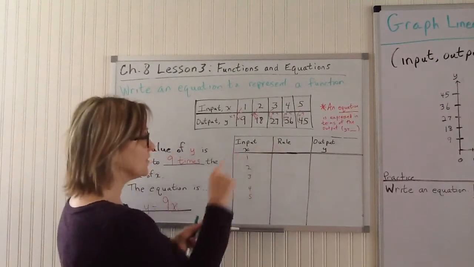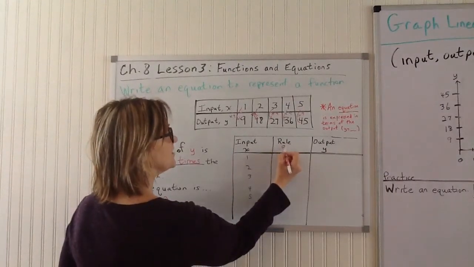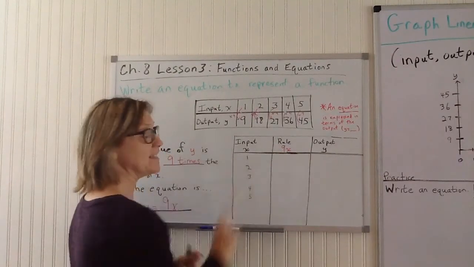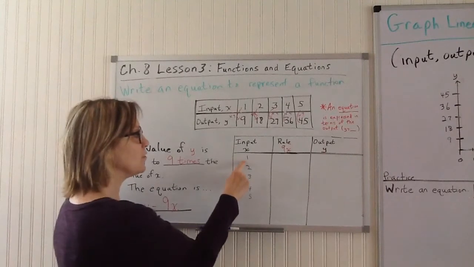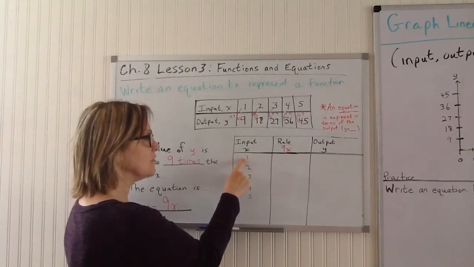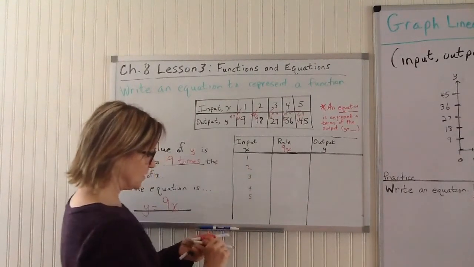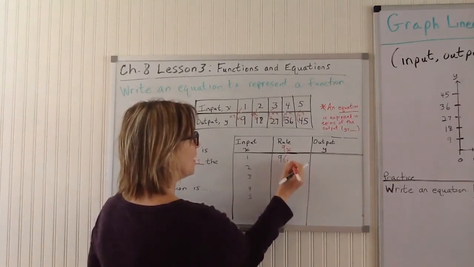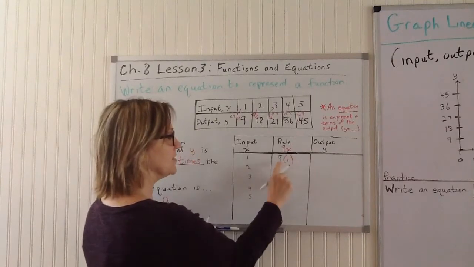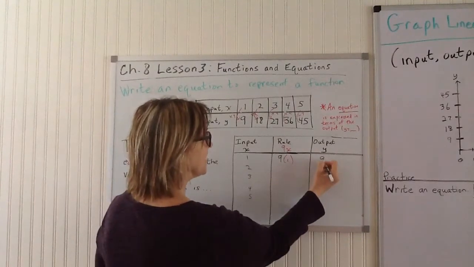I know my rule now, I figured it out. The rule is 9 times x, or 9 times whatever the value of x is assigned. So in this case, x is equal to 1, so I'm going to take my 9 and multiply it by 1, and my output is 9 times 1 is 9.